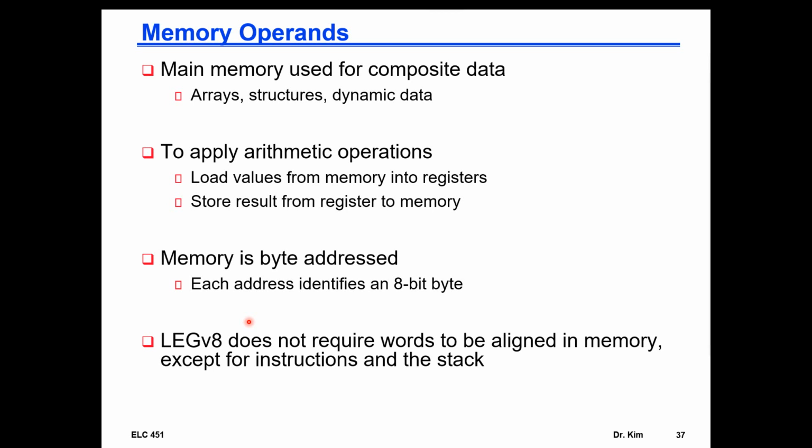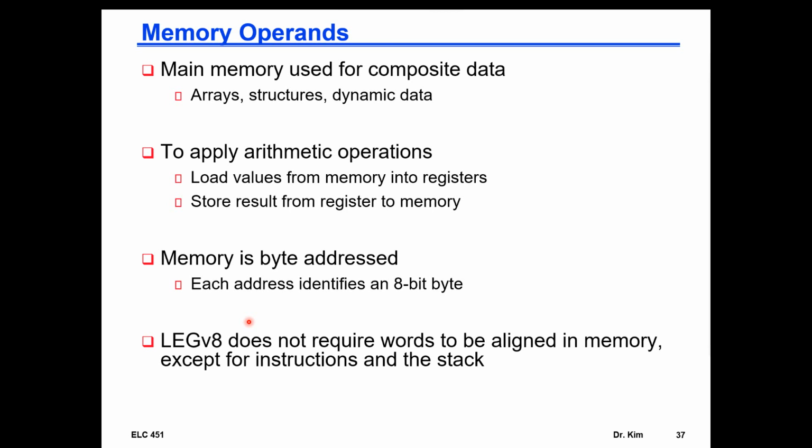And as I mentioned, memory is byte addressable. The actual address is the address of a byte. But depending on the instruction, as you saw, if you load a half word or if you load a byte, the hardware knows, according to that instruction, how to handle that data transfer.